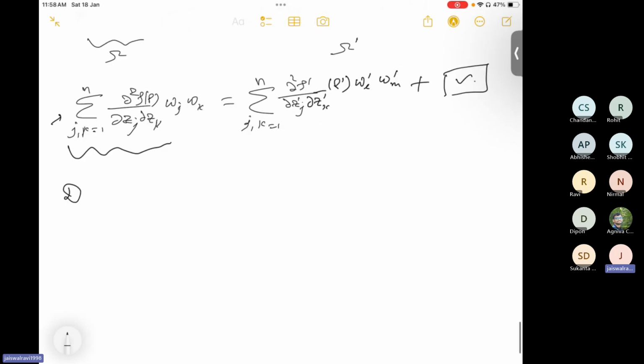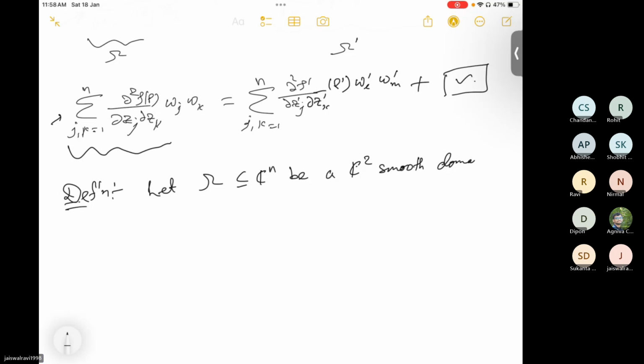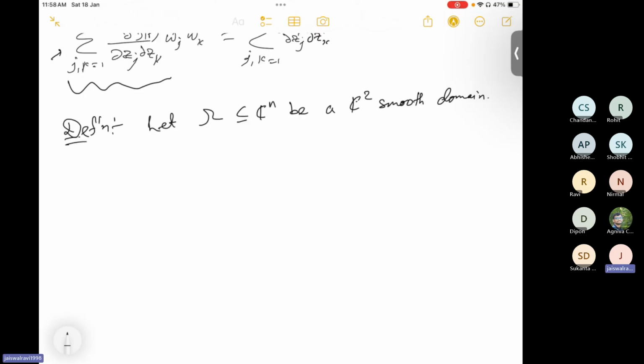Definition: let omega, a subset of Cn, be a C2 smooth domain. I am taking a C2 domain because otherwise this double derivative may not make sense if our regularity is less than C2. Let P be a point on the boundary of omega.